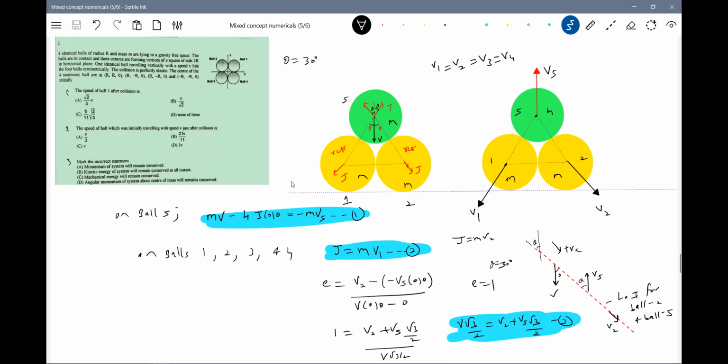Speed of ball 1 after collision, root 2 V by 3. I think if you can input the answer, we'll wind up the class.